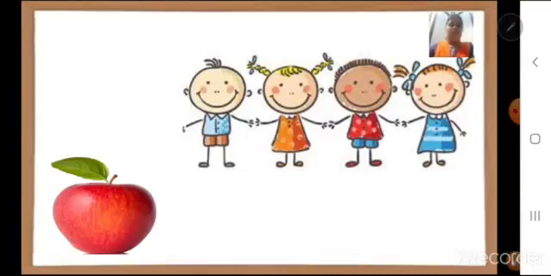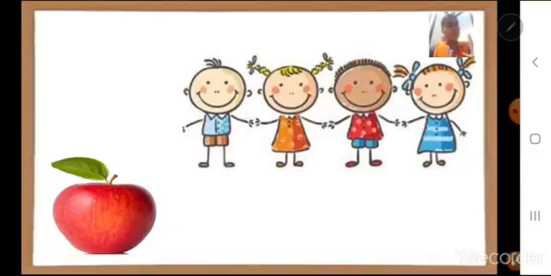So if I ask you how many slices of apple do we need to make so that the apple is distributed equally among these 4 children. There are 4 children, so that means we have to make 4 slices of apple.